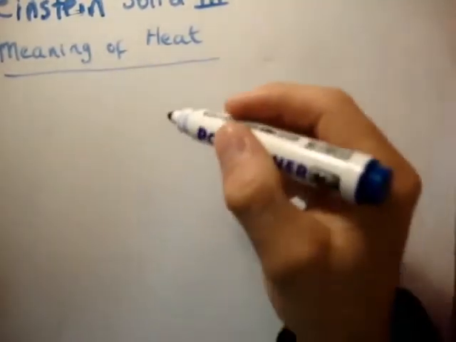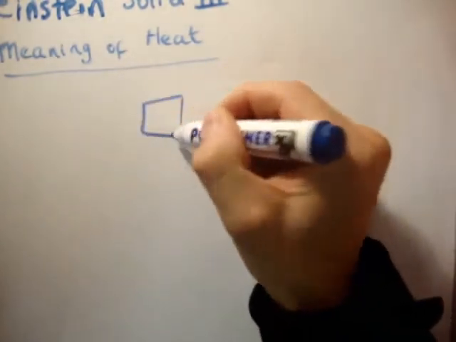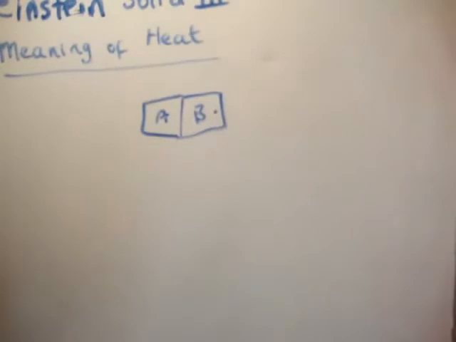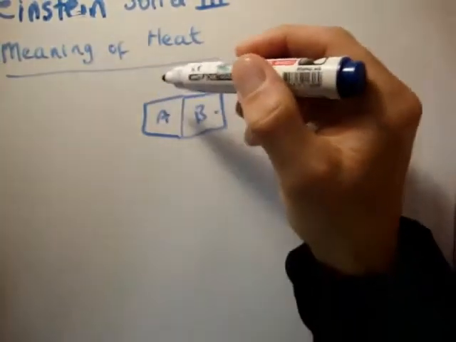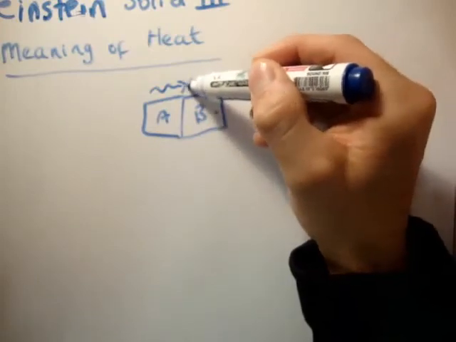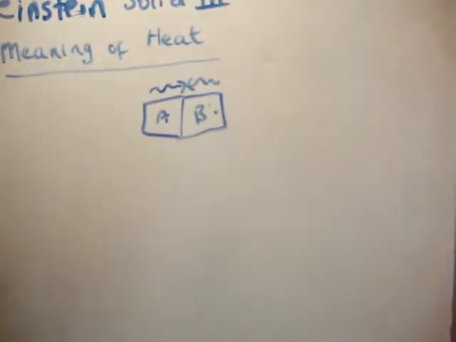If you want, you can accept that and look at this tutorial as just this tutorial on heat. So what we're going to do now is discuss two Einstein solids, we'll say A and B, and they're weakly interacting. So basically they interact just enough so that energy can go from B to A or A to B, whichever way, but it can go one way or the other.